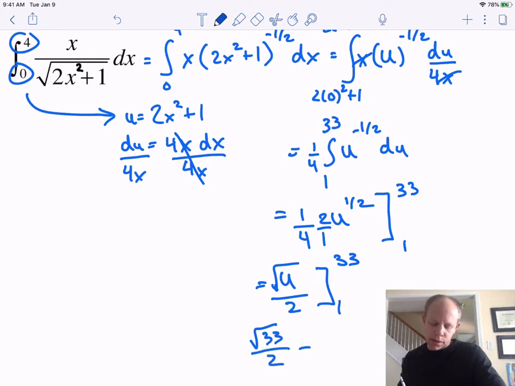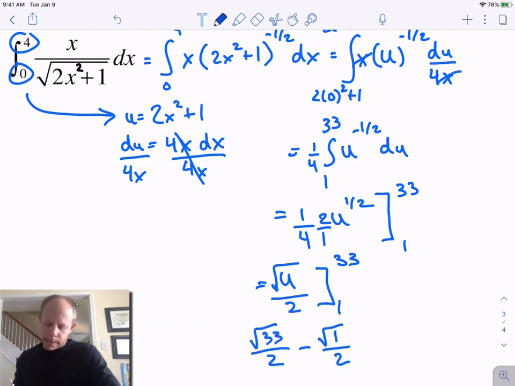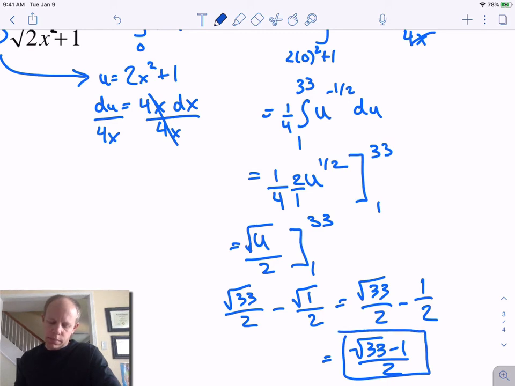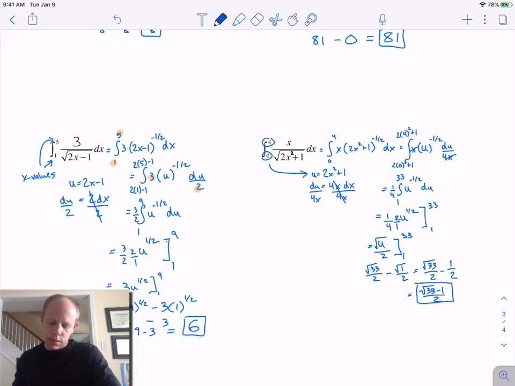Substitute that bottom number and subtract, so square root of 1 over 2. And this really becomes your final answer. Minus, square root of 1 is 1, so minus 1/2. If you wanted to, you could combine the fractions and get something like that. All right, so that is finding definite integrals using change of variables.